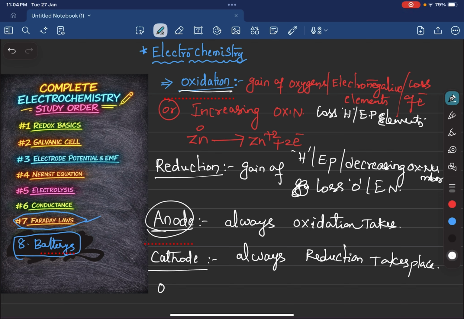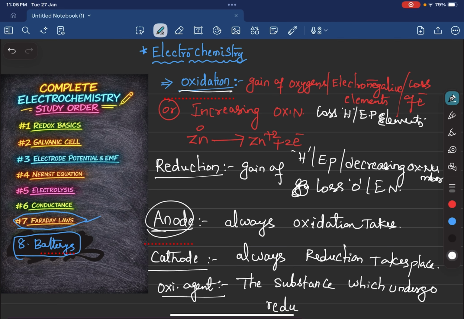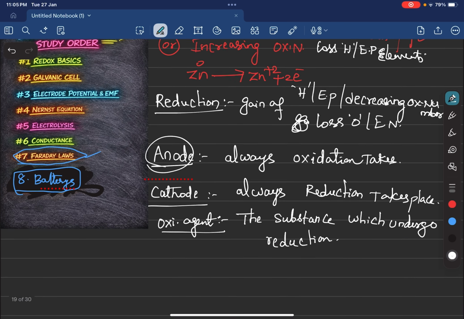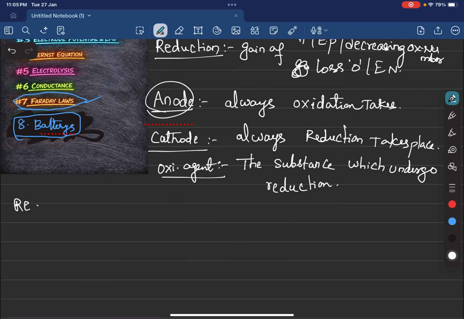One more thing: oxidizing agent and reducing agent. Oxidizing agent means the substance or agent which undergoes reduction. In the same way, reducing agent means the one which undergoes oxidation, which means loss of electrons.